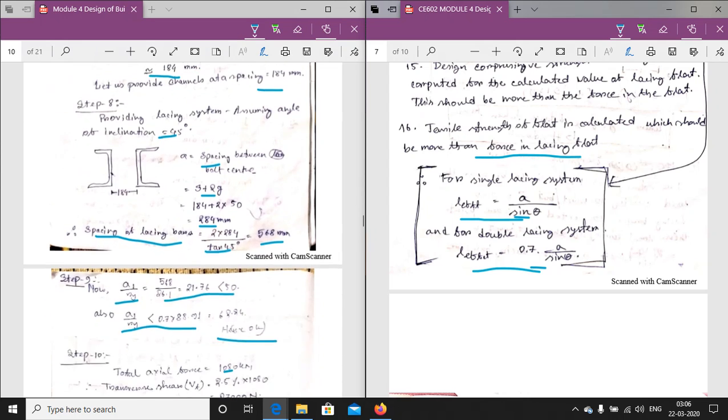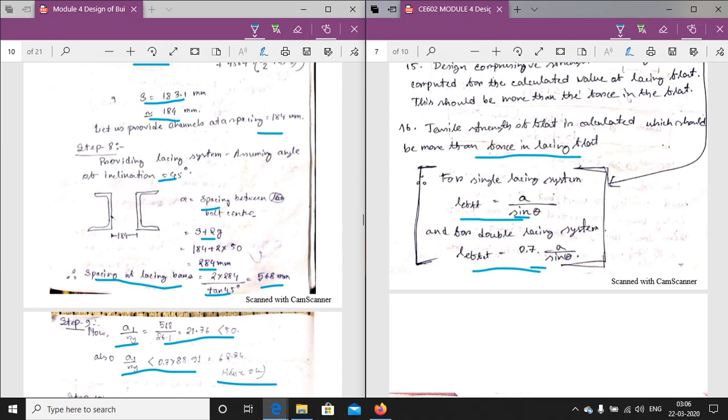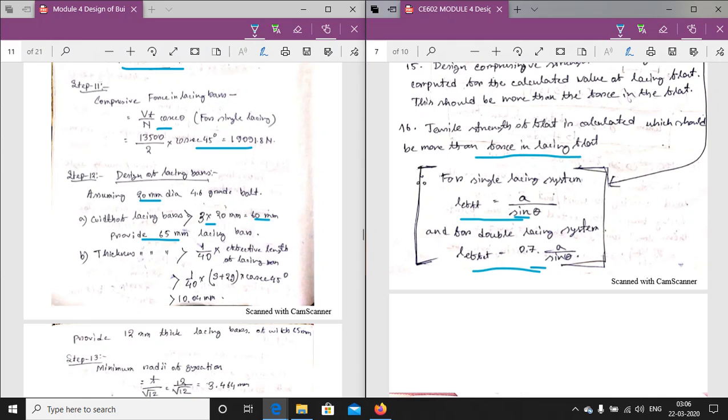A equals 284, that is S plus 2G. So the effective length is A by sin theta, and 1 by sin theta equals cosec theta.